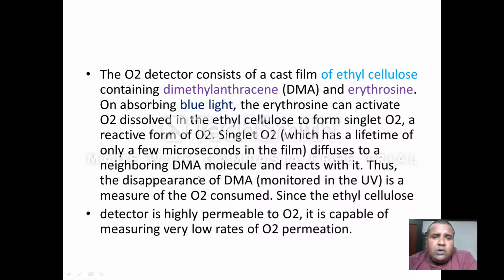This is a colored compound, and the color of this particular molecule will fade, or disappear, directly in relation with the O2 absorbed. So as a result, we can determine the oxygen that was permeated.